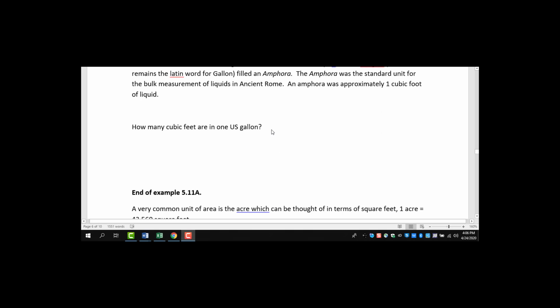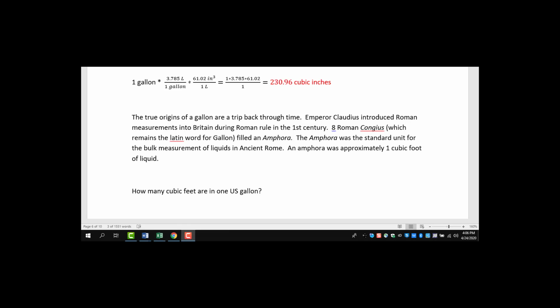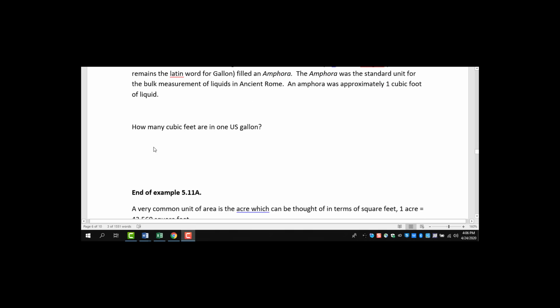How many cubic feet are in 1 gallon? Let's think about that one. Well, we'll have to start with this relationship. We have a couple of relationships.